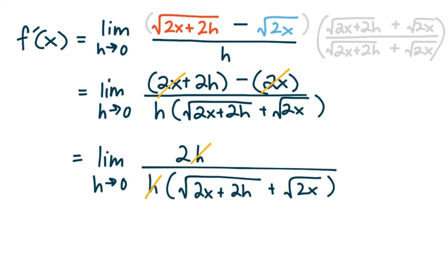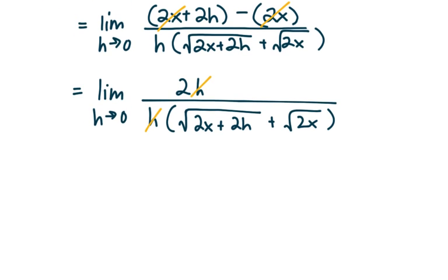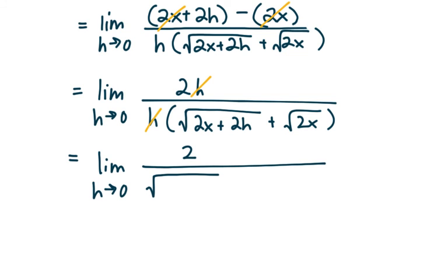You'll notice h over h cancels to 1. And now I've canceled that h in the denominator. So I have the limit as h approaches 0 of 2 over the square root of 2x plus 2h plus the square root of 2x.